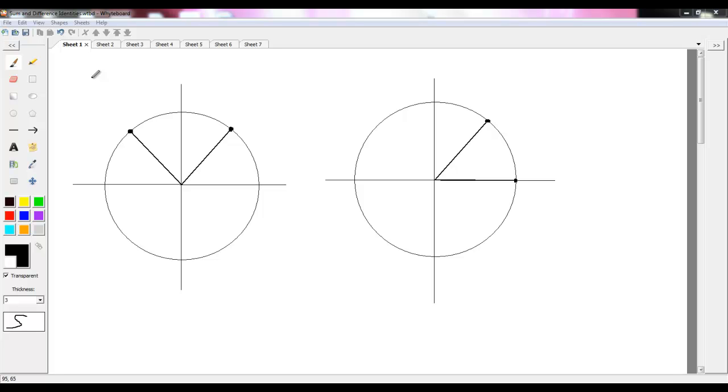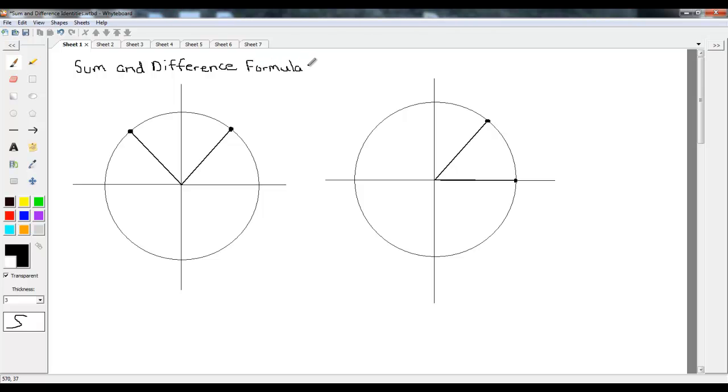Welcome back. We are in the heart of trig identities, and today we're going to look at some specific trig identities called the sum and difference formulas. These formulas are the basis for several other identities, and if you are going to go on to calculus, you will need to know them just off the top of your head to do problems.